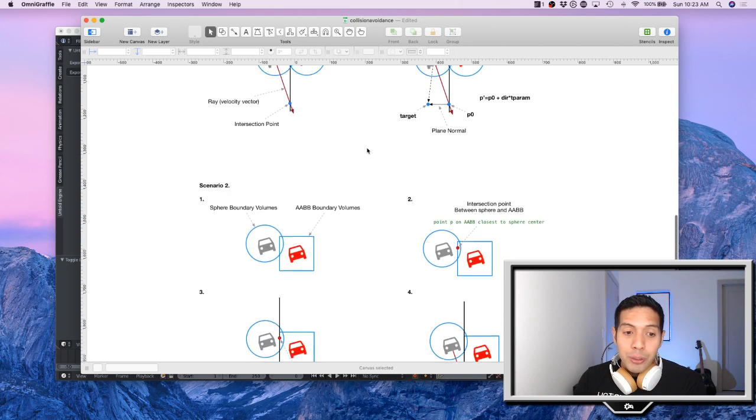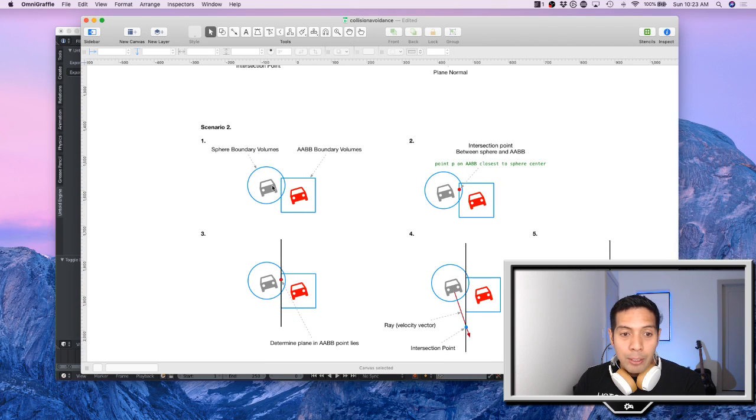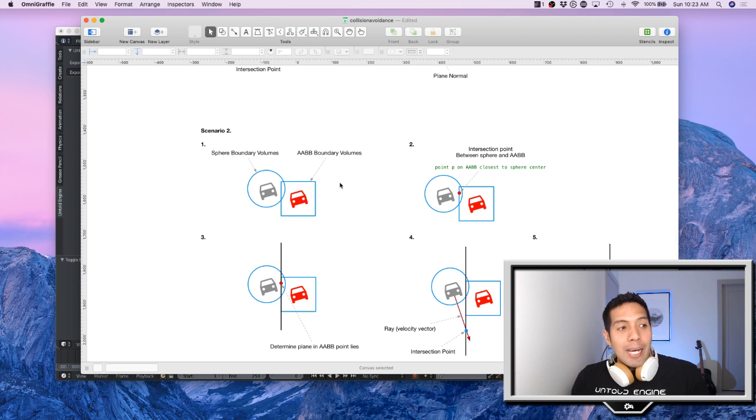So in scenario 2, we have a normal entity with a sphere volume, and the second entity with an AABB boundary volume, right? Now, how it works here is a little bit different, but the whole idea is the same.